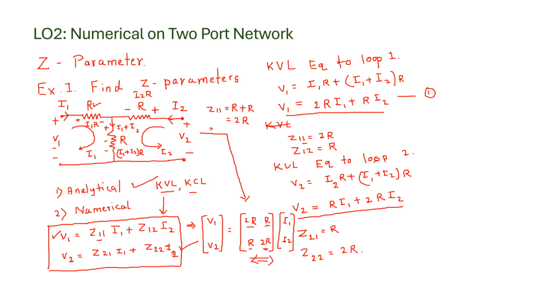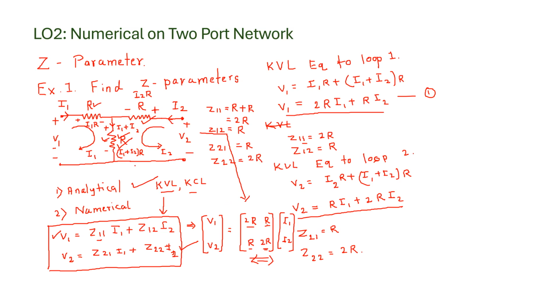Z12 is equal to the resistor which is common. So this resistor R is common for loop 1 and 2, so you can take it as value R. Similarly, Z21, you can take this resistor R. The value of this resistor is R. Then Z22 is equal to this resistor plus this resistor, so it is 2R.